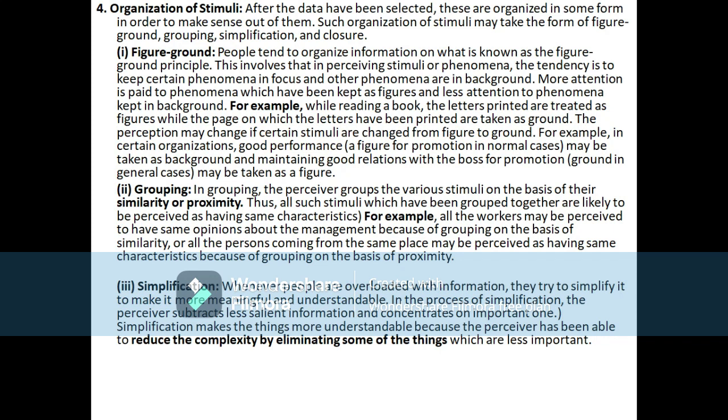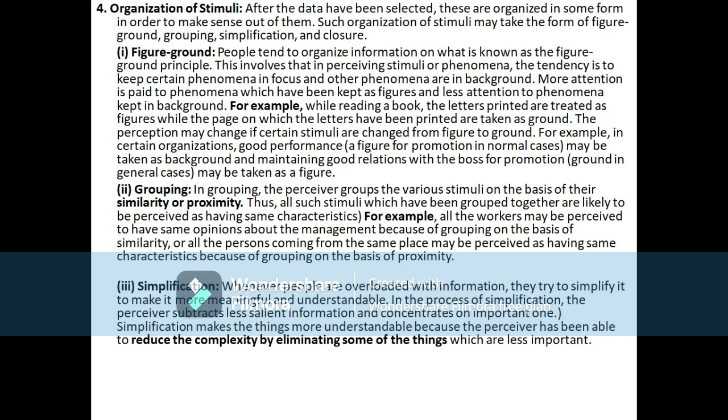So this is just an example in order to know what to focus on. So focus is on the figure principle rather than the ground one. So while organizing the stimuli, the perceiver first considers the figure aspect, not the ground aspect.